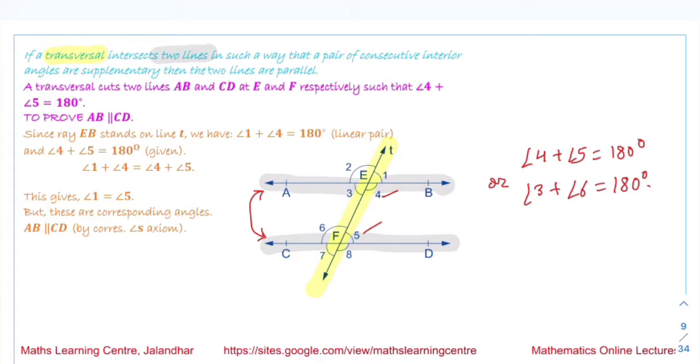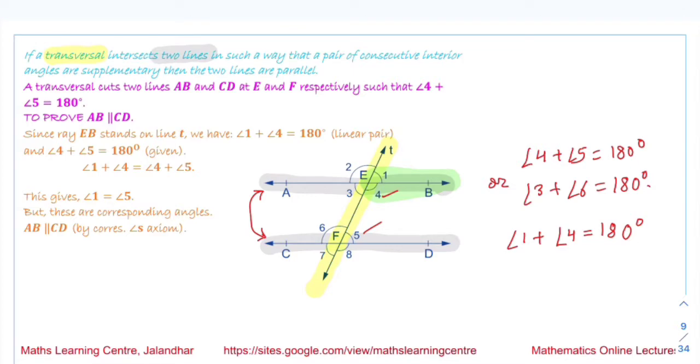Now we are saying, since EB stands on the line T, we are talking about this EB, this stands on this line T. So what we have is that angle 1 plus angle 4 is equal to 180 degrees.